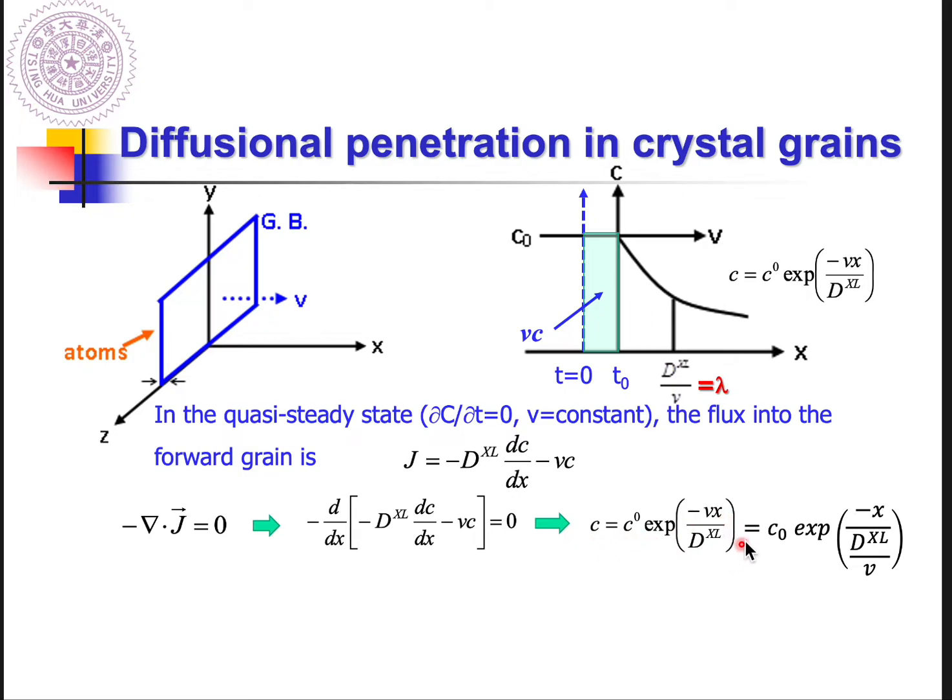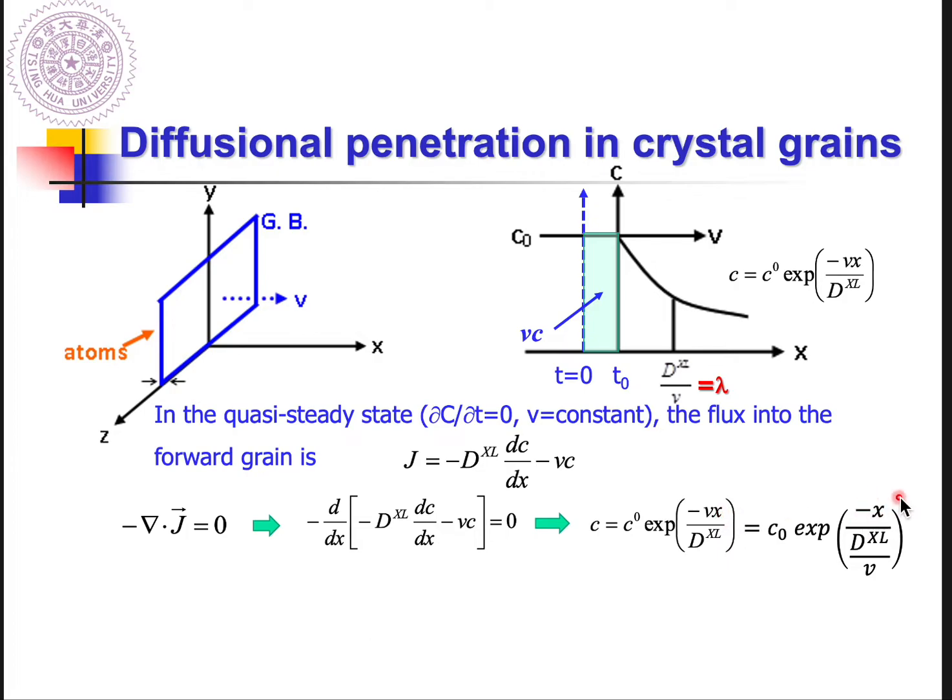Based on these results, we know the concentration profile within the grain obeys an exponential decay. At X equals 0, the concentration will be C0 and it obeys this exponential decay. What I'm interested in is, can you get some idea about the exponential curve? Yes, we can divide by V together.